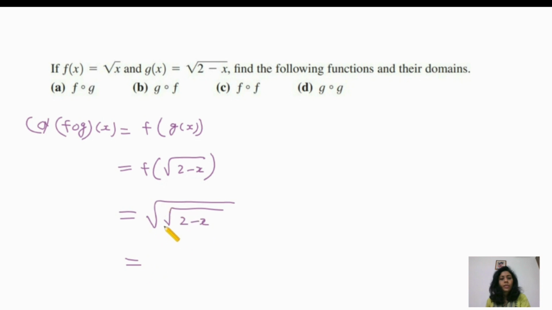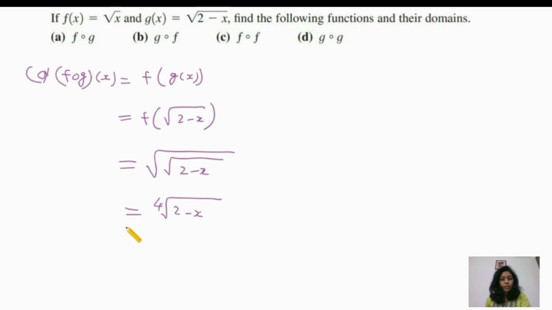And square root means 1 upon 2, and another 1 upon 2. When we multiply, here 1 upon 4. So we can write in radical like this, the fourth root of 2 minus x. Okay, what about its domain? Here the power is even, so 2 minus x greater than or equal to 0.